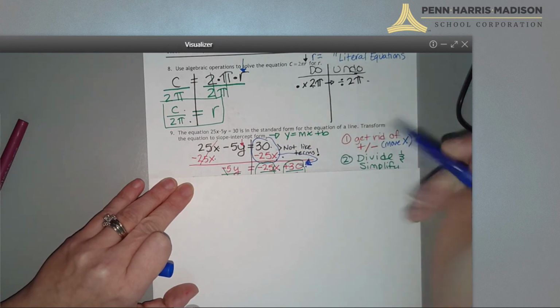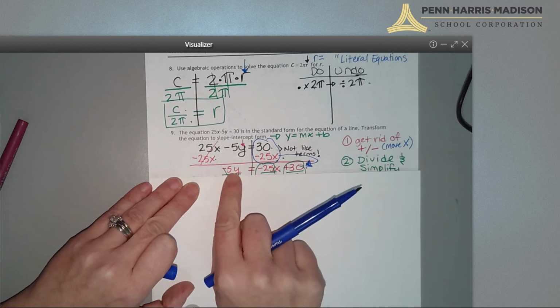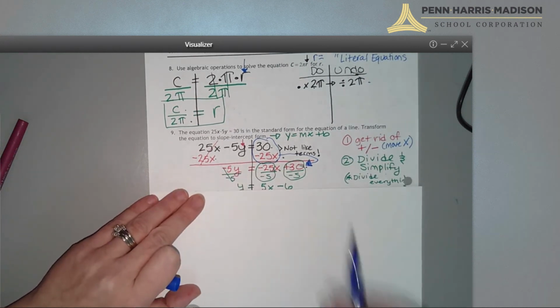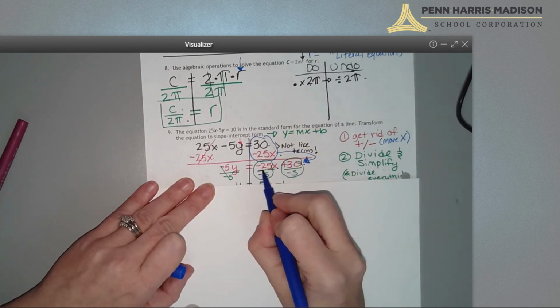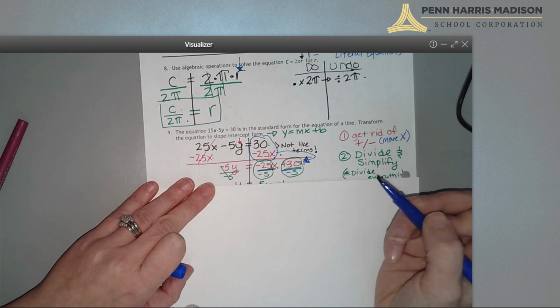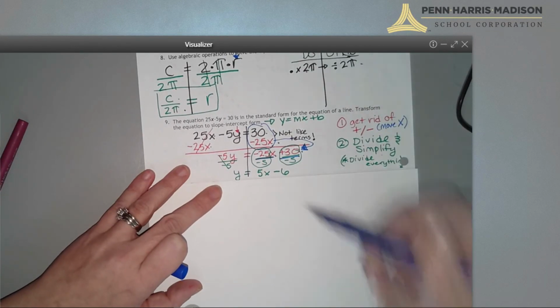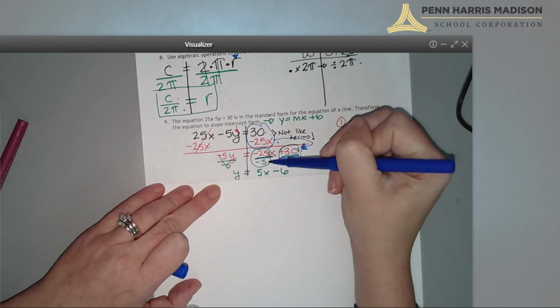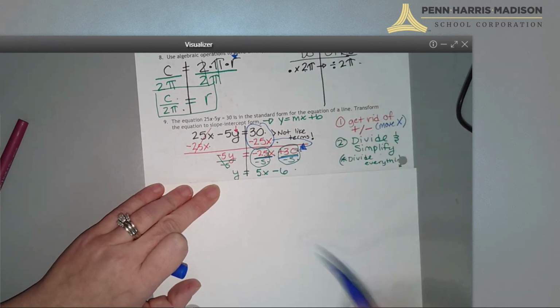Now, to get that y by itself, we get rid of the division. Be careful here. When I divide this by negative 5, we have to divide everything over here by negative 5. Now we need to simplify. Negative 25 divided by negative 5 is positive 5, and 30 divided by negative 5 is negative 6.